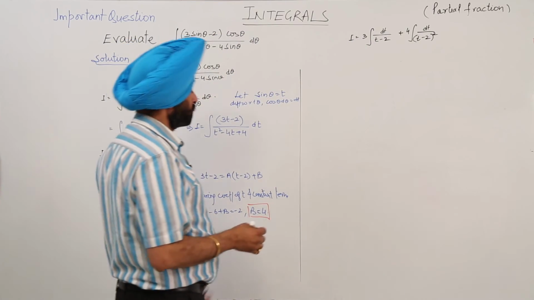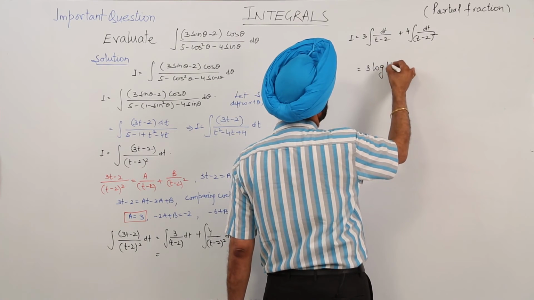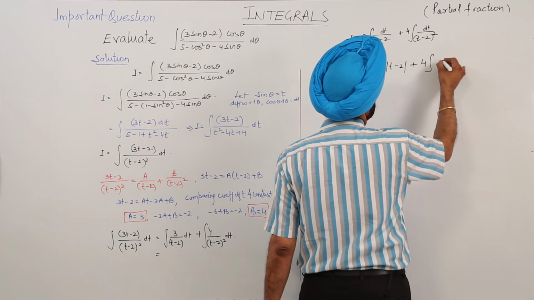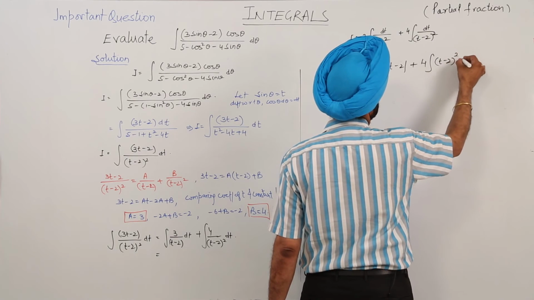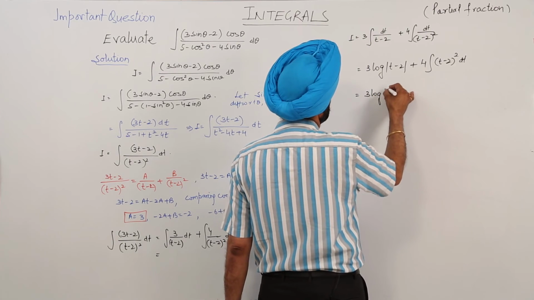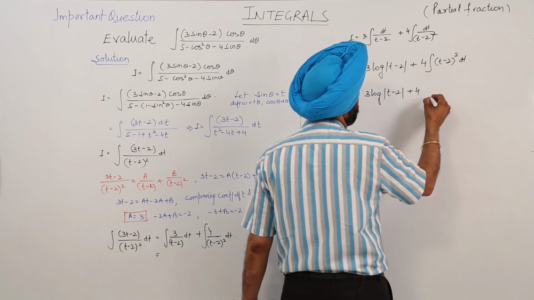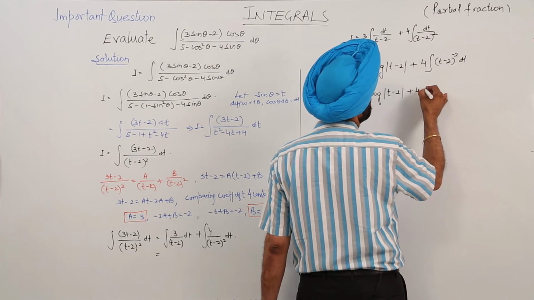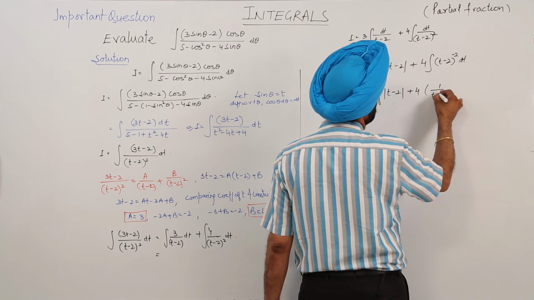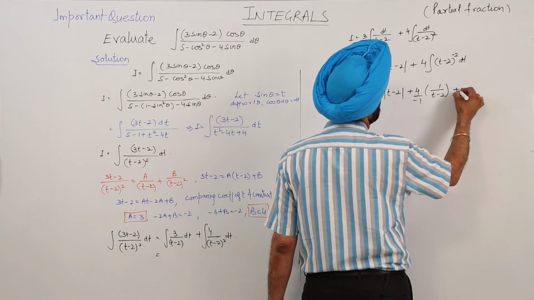Is it clear? So now this becomes 3 log mod t minus 2 plus 4 times the integration of t minus 2 whole square dt. Now this becomes 3 log mod of t minus 2 plus 4, it is minus 2, sorry, plus 4 with 1 upon t minus 2 upon minus 1 plus c.